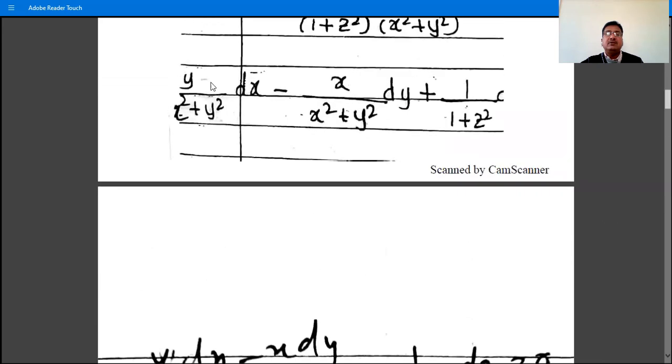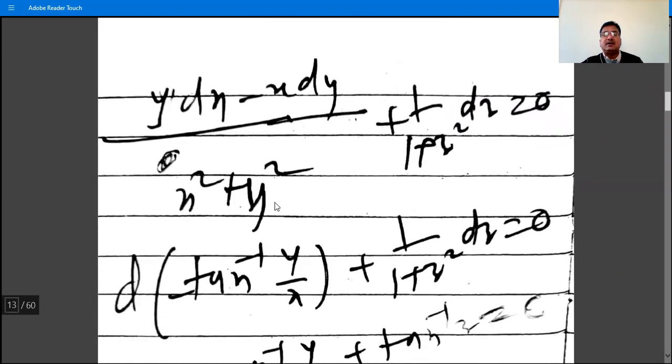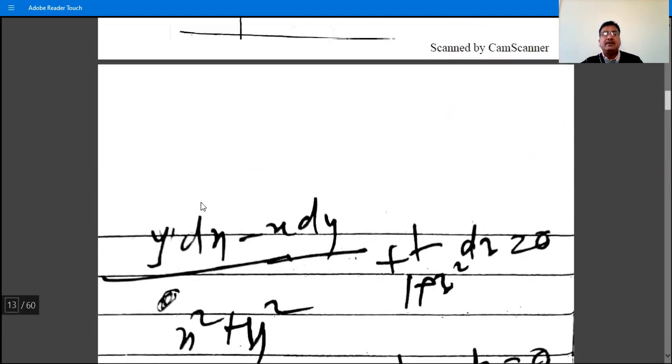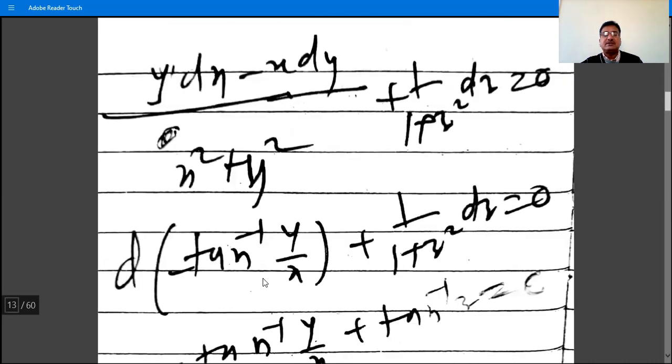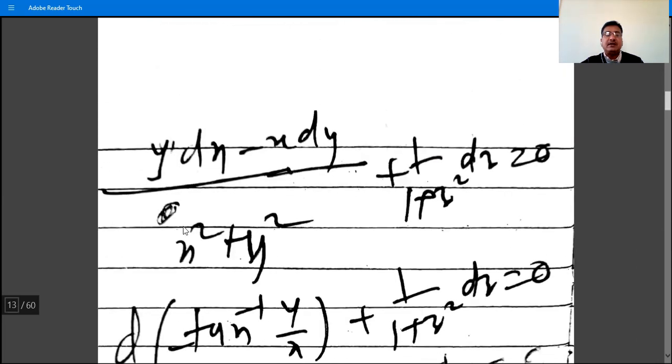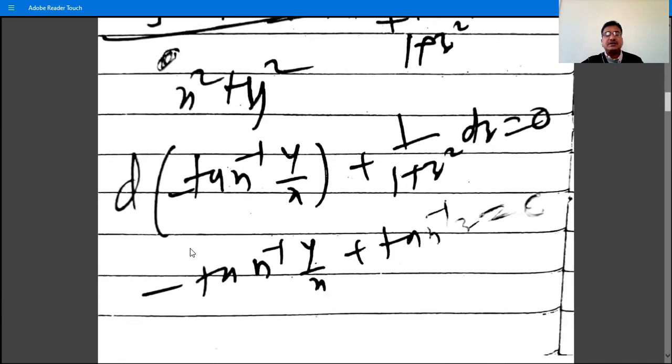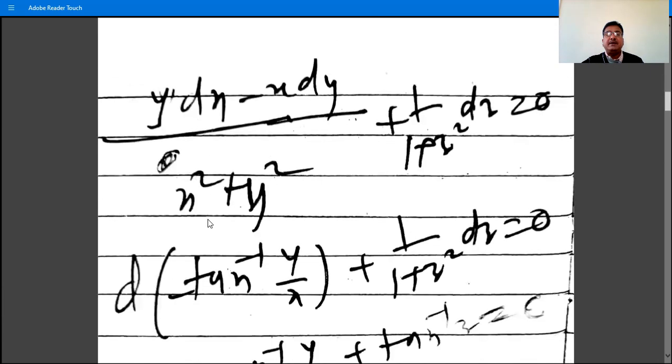In order to obtain its integration, we take x² + y² as the LCM, and then we have y dx − x dy. If you observe, the derivative of x² + y² is 2x dx + 2y dy.